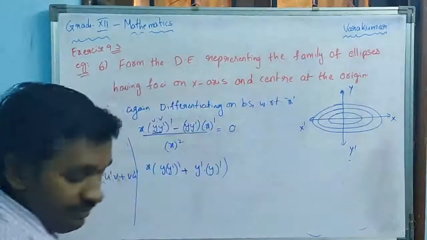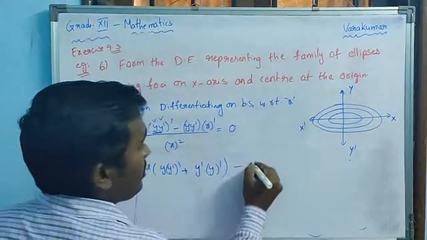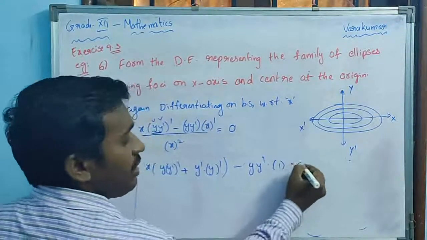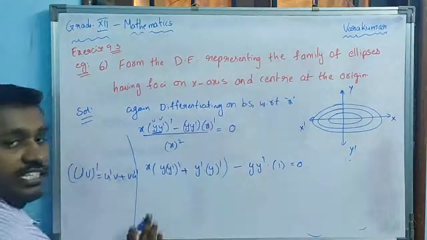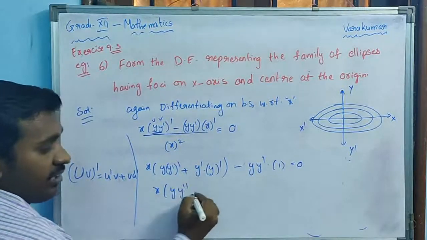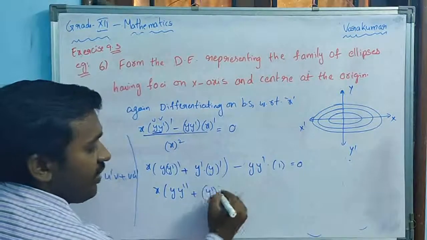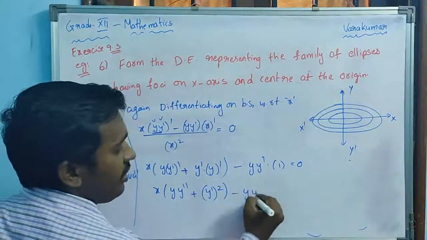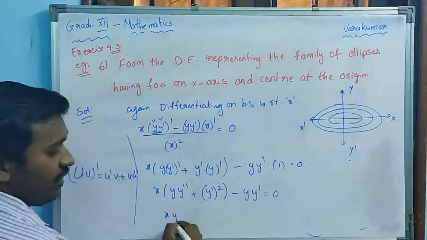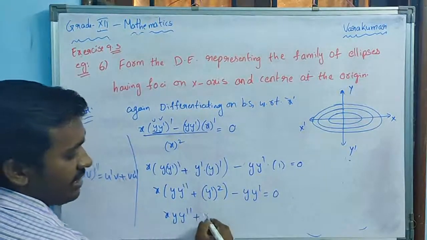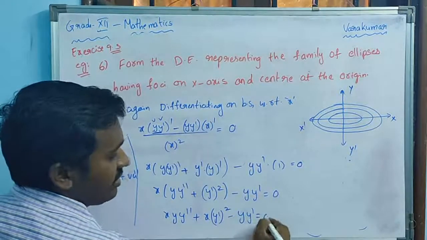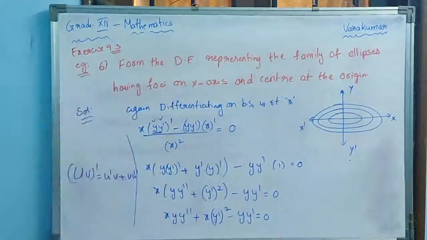Almost the solution is completed. Minus y dash for x dash is 1 is equal to 0, because this x square also I am sending to 0 into x square. Then x into y double dash plus y dash whole square minus y dash is equal to 0. Now simplify. So what you are going to get is x y double dash plus x y dash square minus y dash is equal to 0.